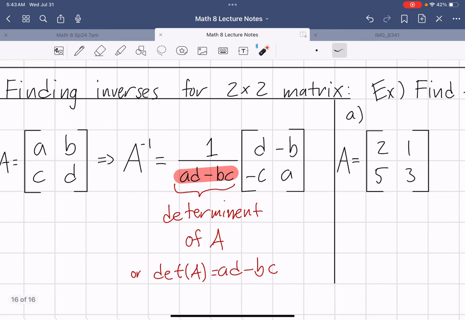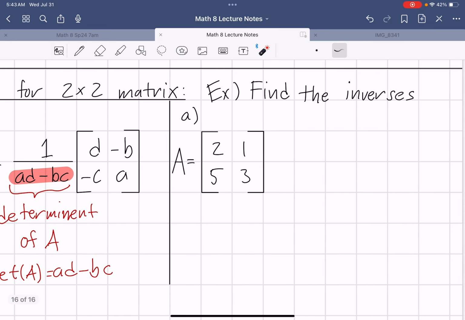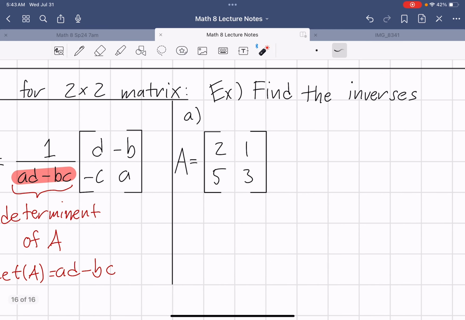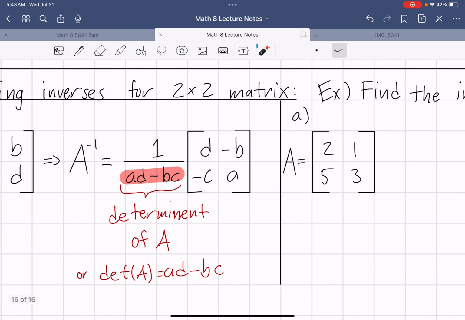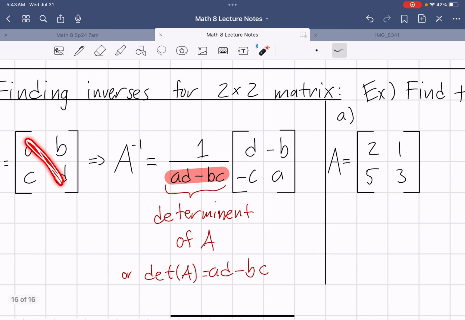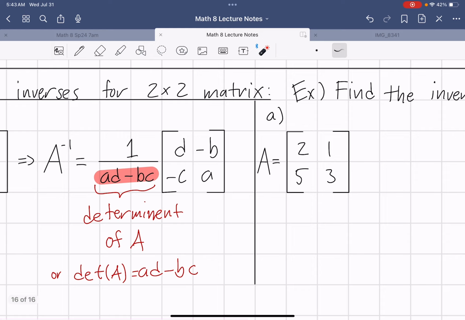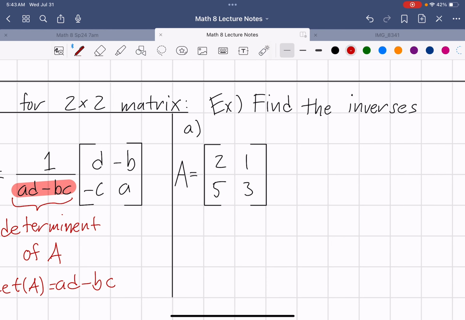So let's see a quick example of this. The way I always remember it is you multiply A and D, so this sort of negative slope, I think, times C and B, which is this positive slope here. So I first want to find my determinant, because that's what I use to make my scalar.